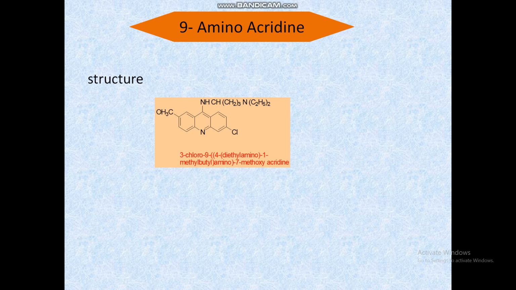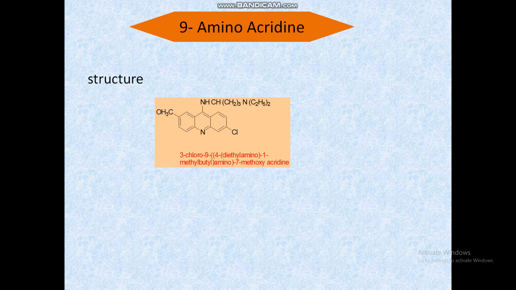So acridine is overall aromatic, though having nitrogen. First it is quinoline, next that is benzene.